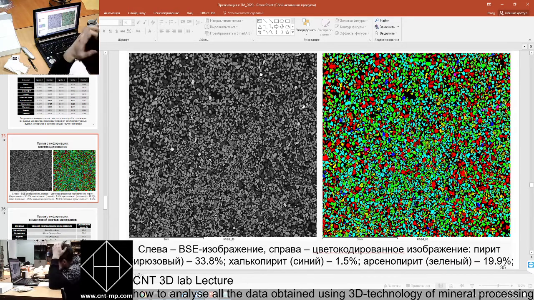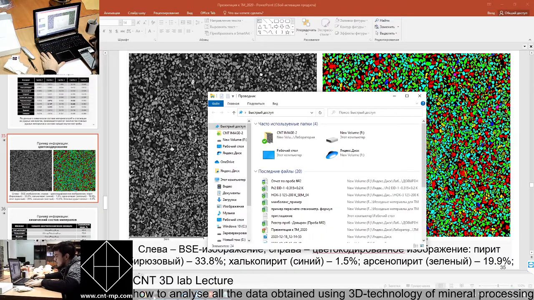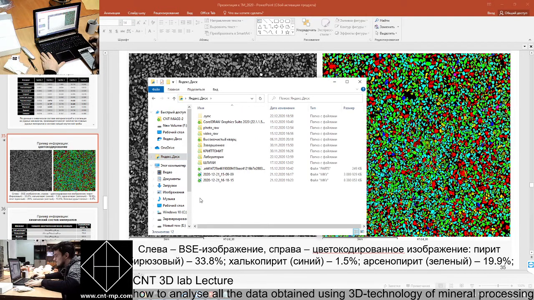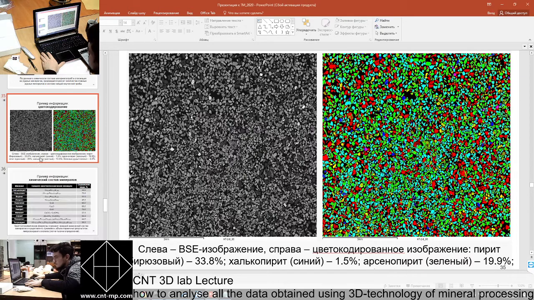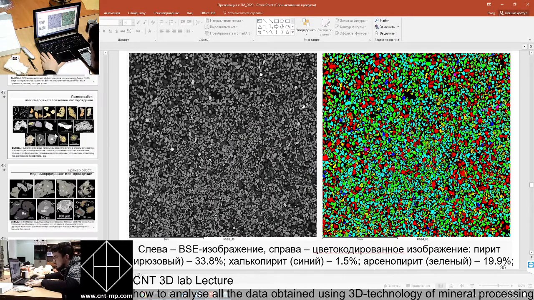Oh no, I cannot do that because I have another workstation. I have a streaming workstation without pre-installed ImageJ and Photoshop, but okay, let me show an example already done.